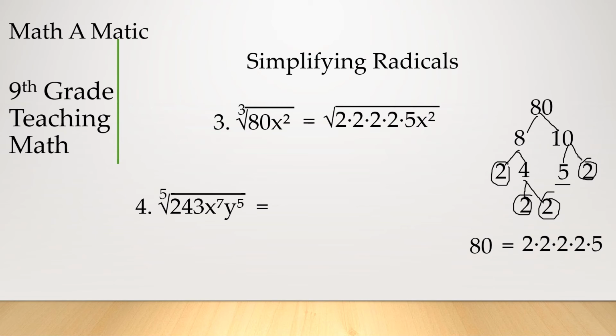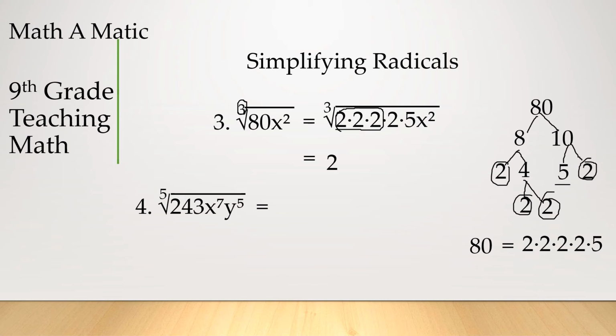Now, since the index here is 3, we just need a number multiplied to itself 3 times. So that is 2 times 2 times 2, that is 8, and the cube root of that is equal to 2.